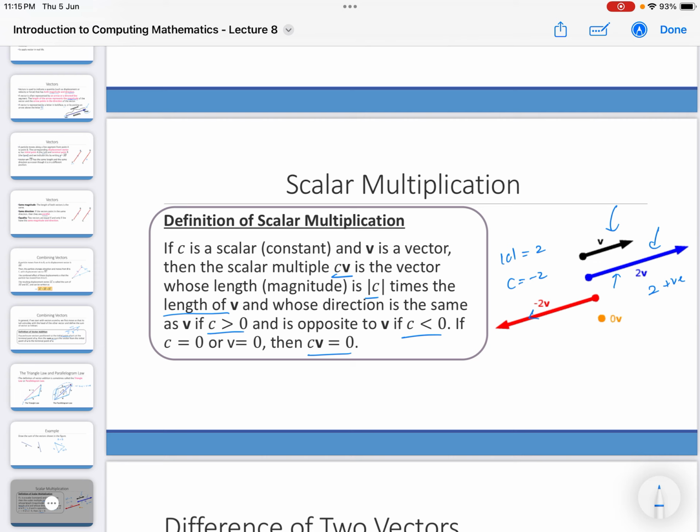Okay, and then let's say we want C equals 0 now. So V times 0, we get the 0 vector. The magnitude is 0 and there is no direction. So no magnitude and no direction. That is what we call the 0 vector.